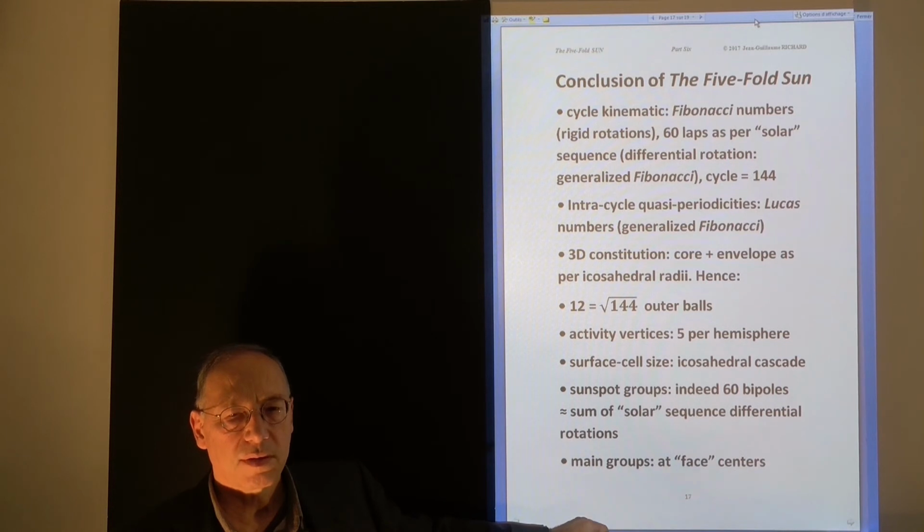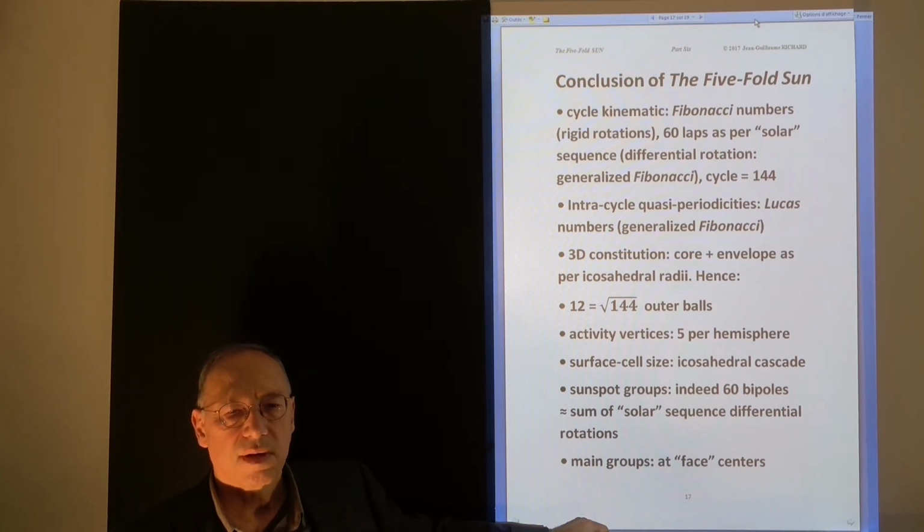Finally, we saw in part 2 and in part 6 that the main sunspot groups are located at the centers of the faces of a concentric icosahedron in the Sun, i.e. at a latitude of 20.9 degrees, as found by many authors in the late 19th century and confirmed rigorously more recently in Korea by Chang.